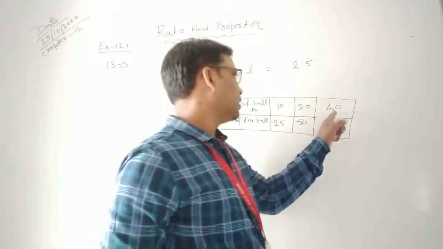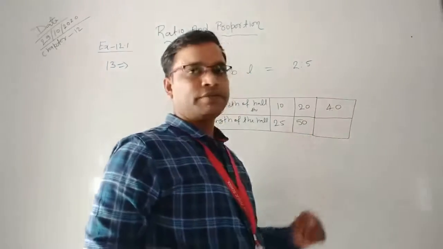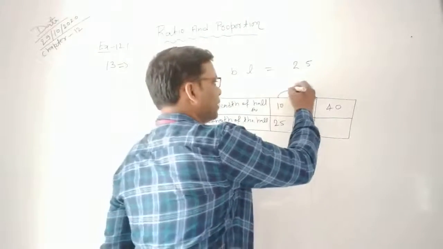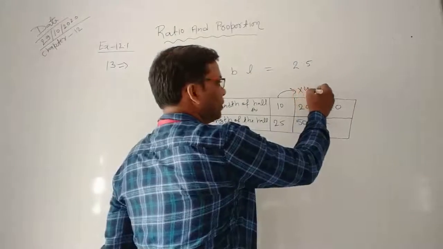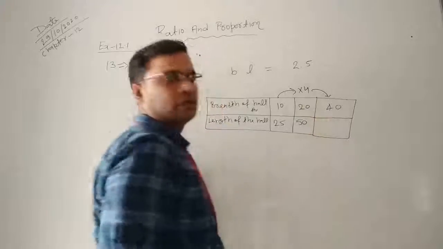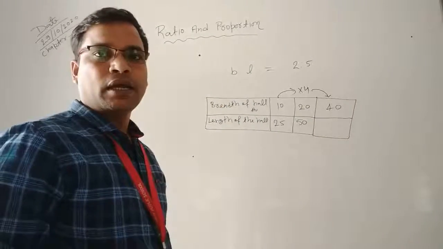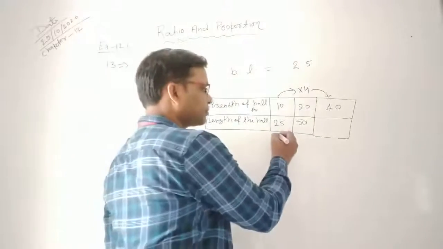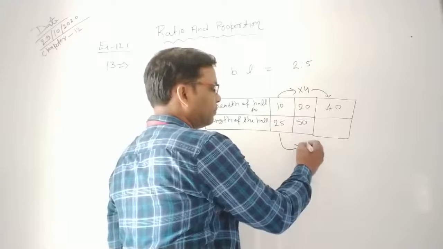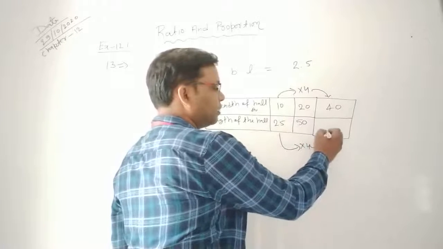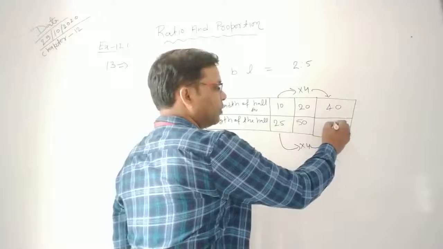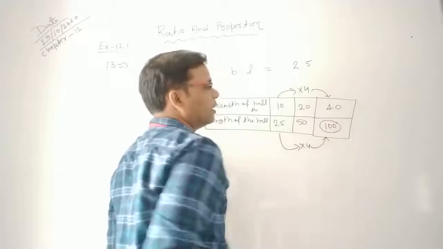Now here 40 is given. If you multiply 10 by 4, then we obtain 40, and if you multiply 25 by 4, we obtain 100. 25 times 4 is 100.